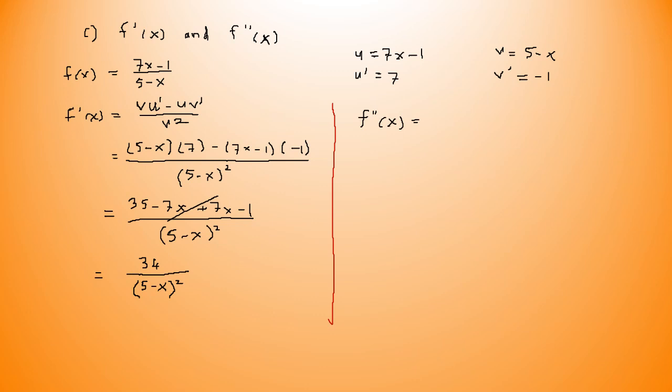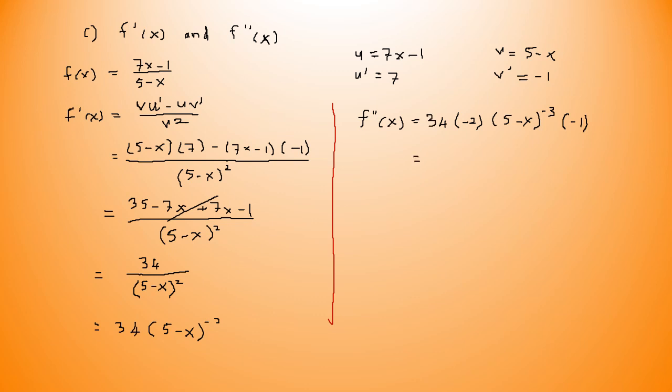Then find the second derivative. We can rewrite f prime x equal to 34 multiplied by (5 minus x) to the power of negative 2. So f double prime becomes 34 multiplied by negative 2 multiplied by (5 minus x) to the power of negative 2 minus 1, which is negative 3, and then multiply by the derivative of 5 minus x, which is negative 1.